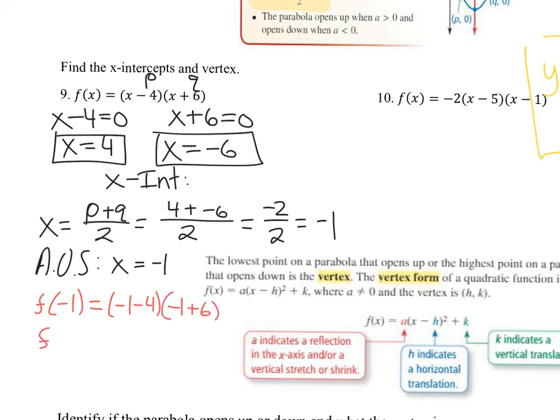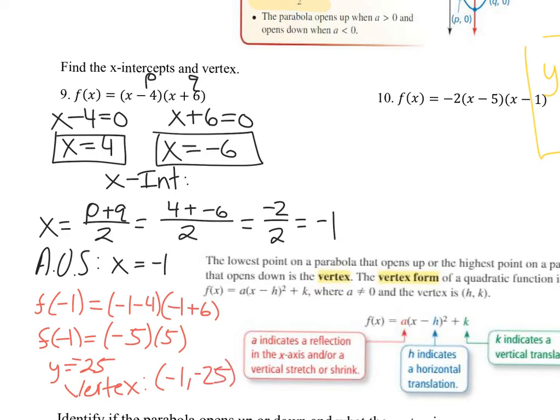And so f of negative 1 is going to equal negative 5, and then, of course, a positive 5. So your y value is going to equal negative 25. So the vertex in the end is going to be (-1, -25), okay? So there you go. There's our answers. We have our vertex and our x-intercepts.